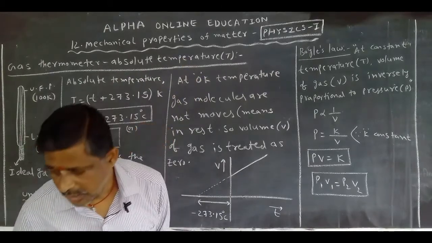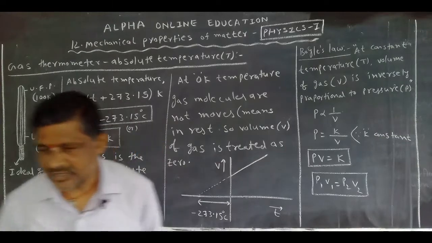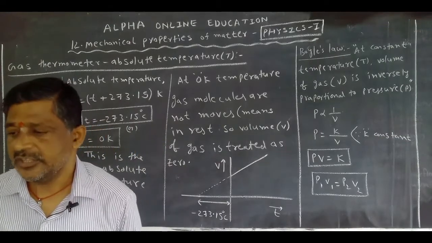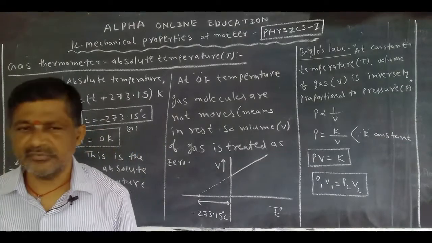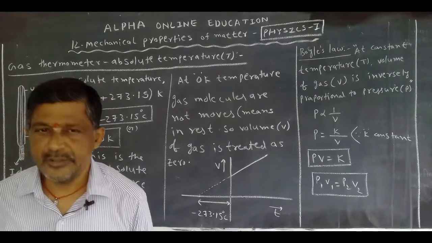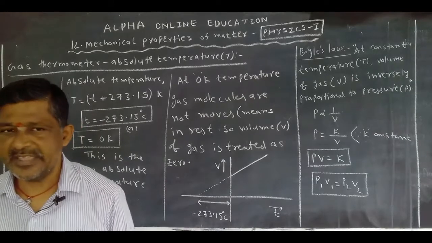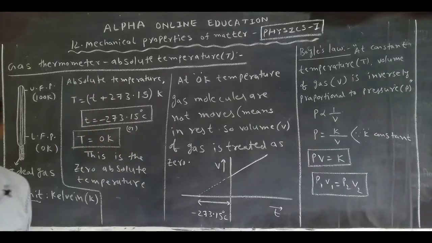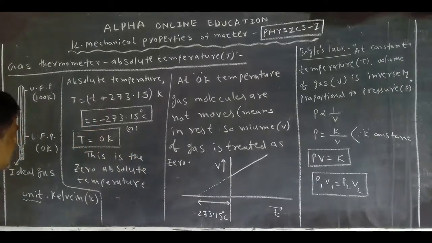When we find the temperature of any object by the gas thermometer, we use absolute temperature, denoted by capital T. The absolute temperature unit is Kelvin.